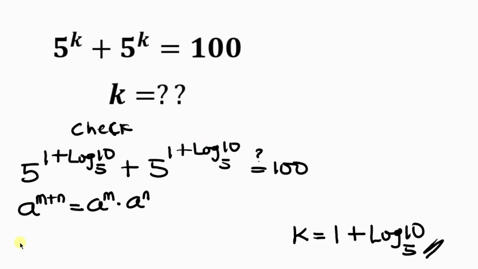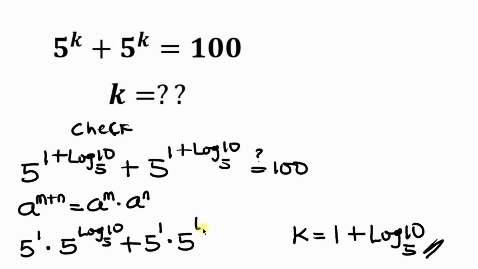That means this expression would then be 5 to the power of 1 times 5 to the power of log 10 base 5 plus this the same way, 5 to power 1 times 5 to power log 10 base 5. So we're looking at 100 if we're going to be having 100.